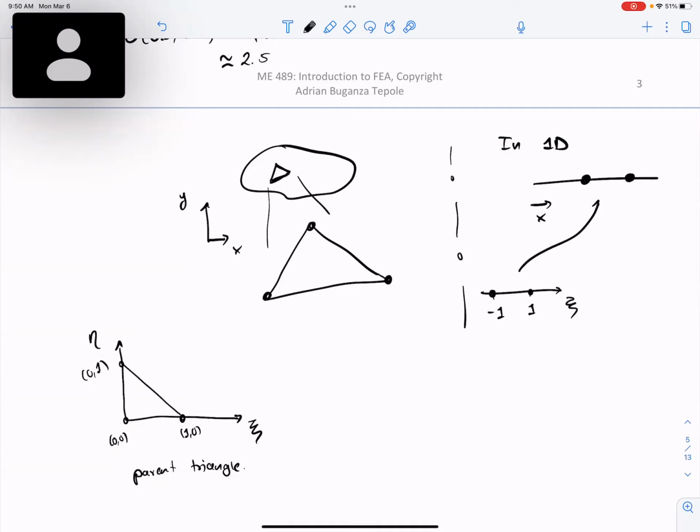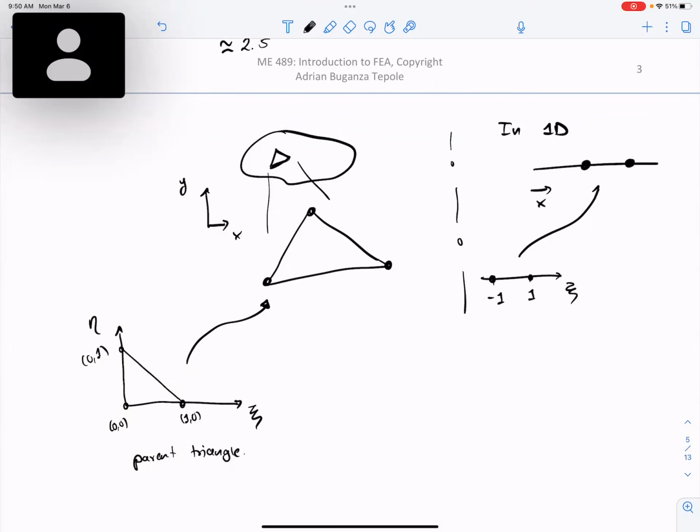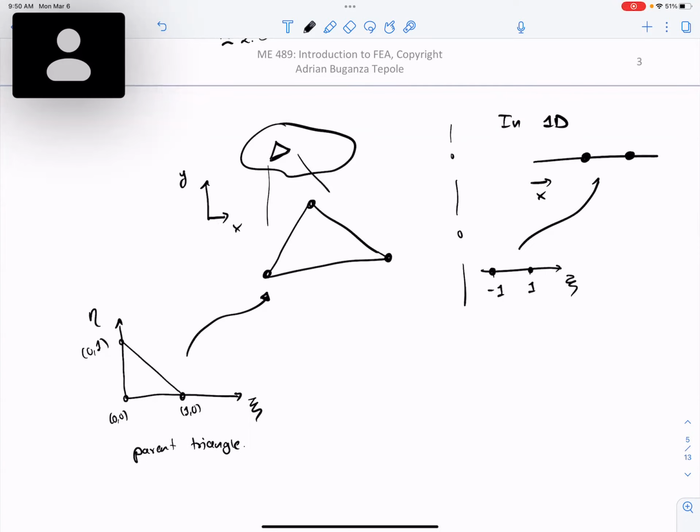It's the same thing here, and it will also generalize when we do quadrilaterals. Then we will also have a quadrilateral in XY space, and then we'll define a psi eta quadrilateral.